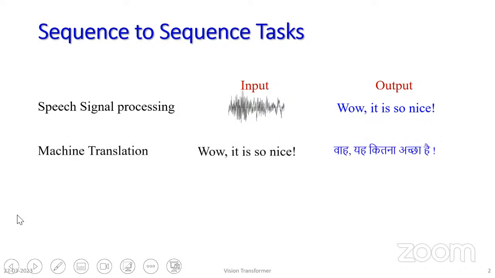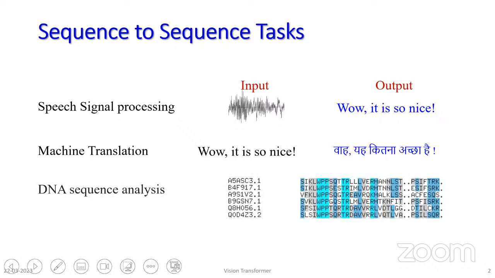Or let us look at machine translation, say from English to Hindi. It is again one sequence which is transformed to another sequence. Or DNA sequence analysis, or image captions, generating captions in videos. So a sequence of video frames is coming, and you are generating captions.